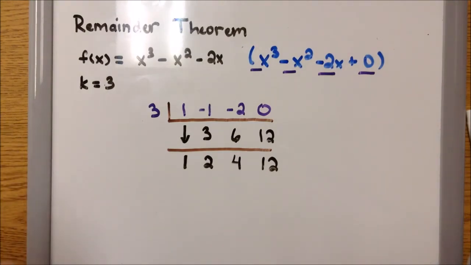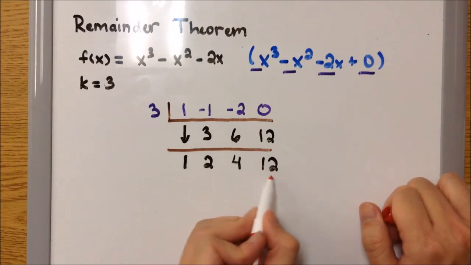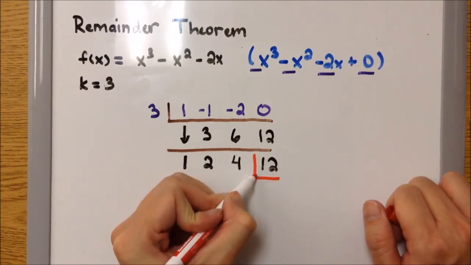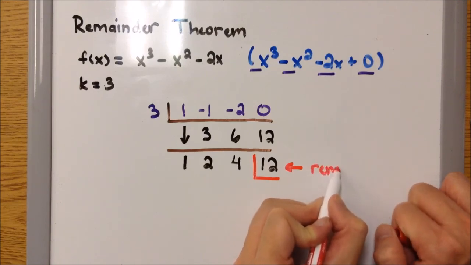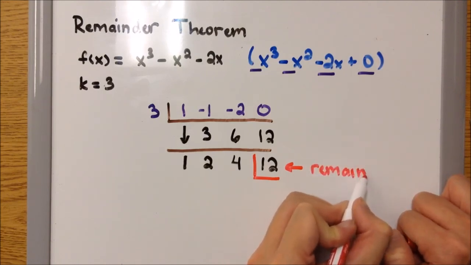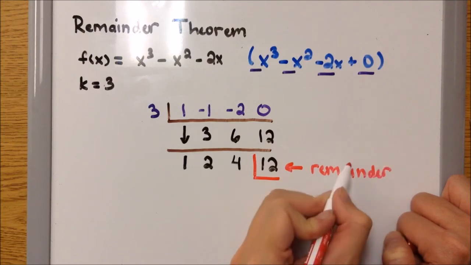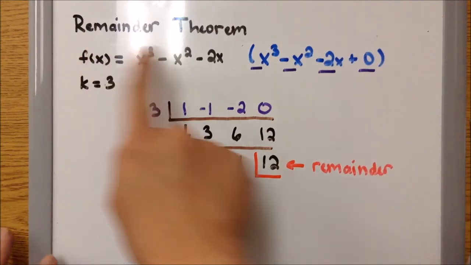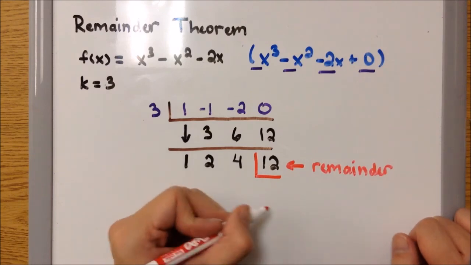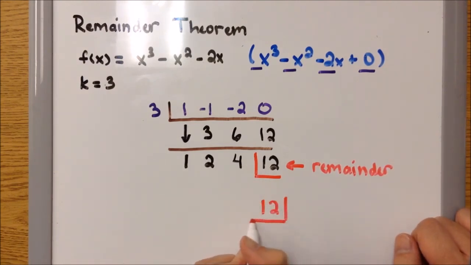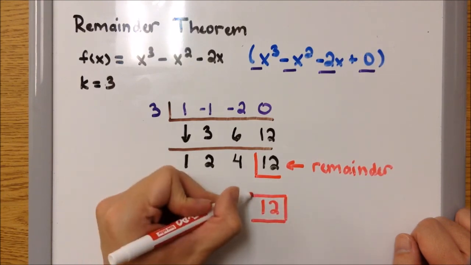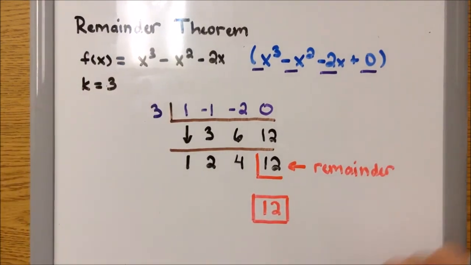Alright, that's the last number. There's nothing else we can do. And the last number is always the remainder. Since we're doing the remainder theorem, our answer is just simply 12. So for this function, our remainder is 12. That's all we have to do.